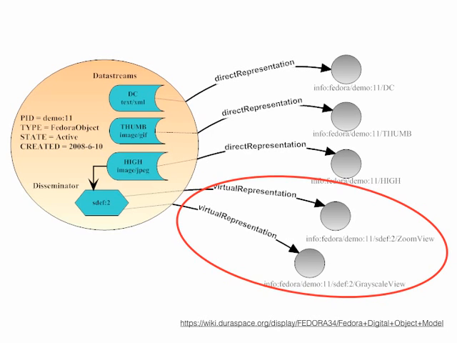Or it can launch a separate application, probably embedded in the browser window, an app that will display the image in something that will allow zooming, right, the zoom view. Right? So what we've got is an object with 3 data streams, each of which is a unique display of that object, and one of those data streams has a disseminator associated with it that can represent the high-res image in 2 other ways.